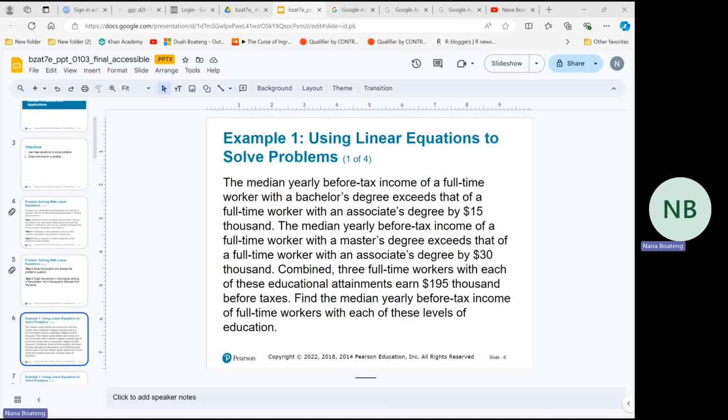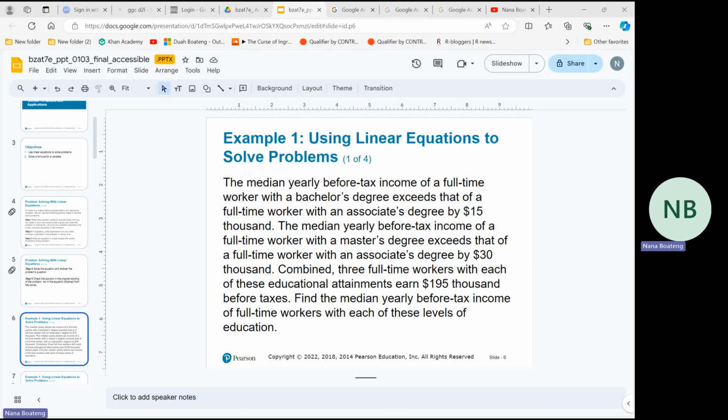So what we've been given here is the yearly before tax income of someone with a bachelor's degree, the before tax income of someone with a master's degree, and we've also been told that the bachelor's plus the master's plus the associate's degree incomes add up to about $195,000.